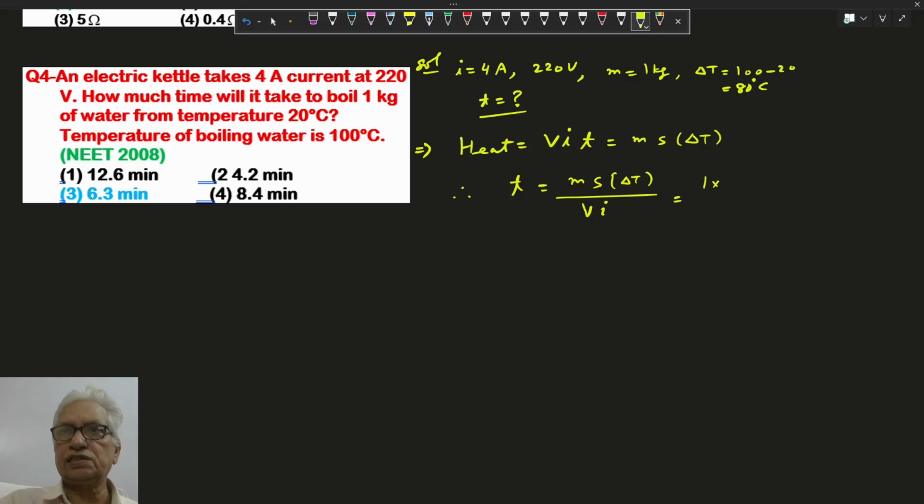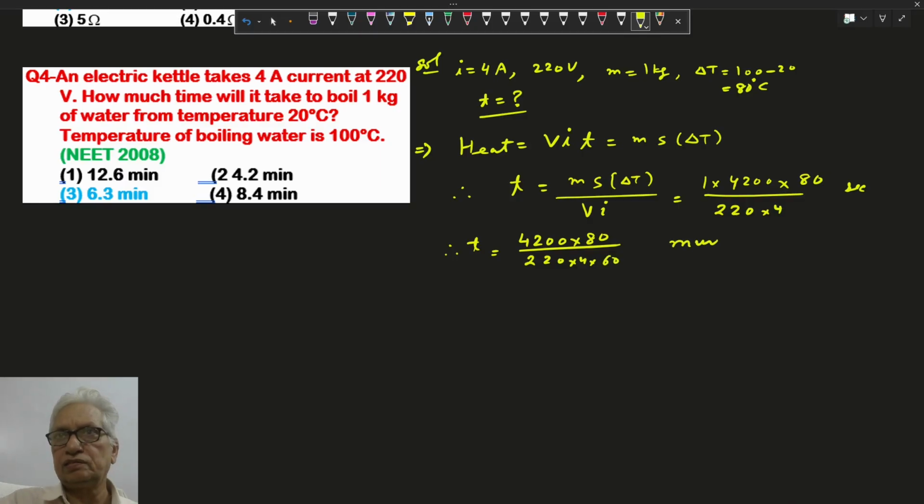Mass M is 1 kg, delta T is the change in temperature, and in the denominator is the voltage multiplied by the current. Time is in seconds. We divide here by 60 and it will become time in minutes.